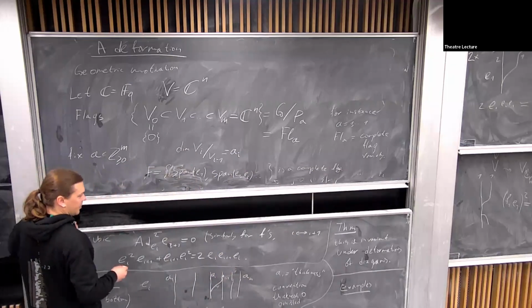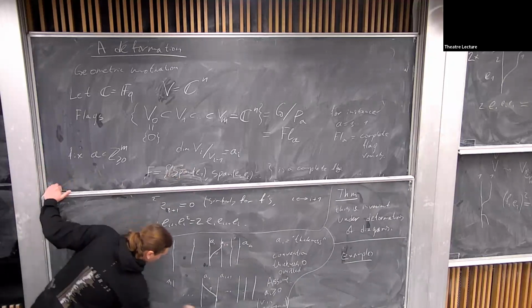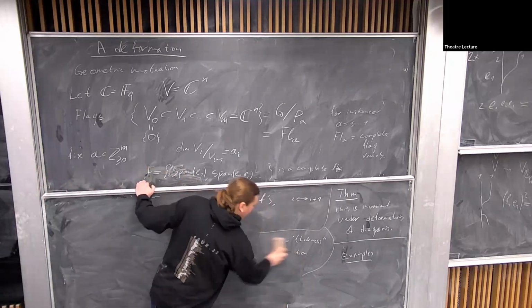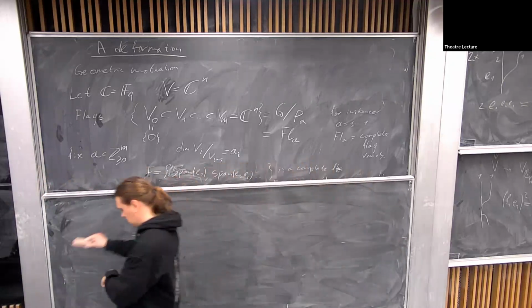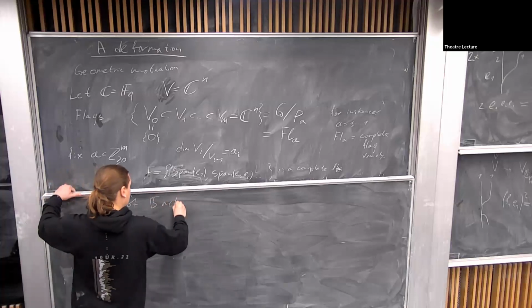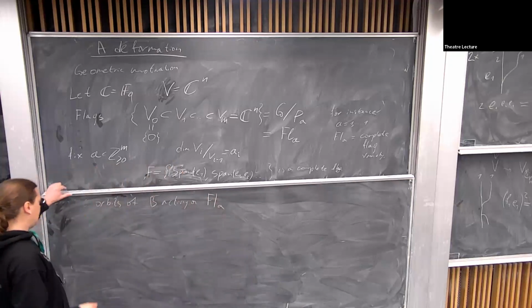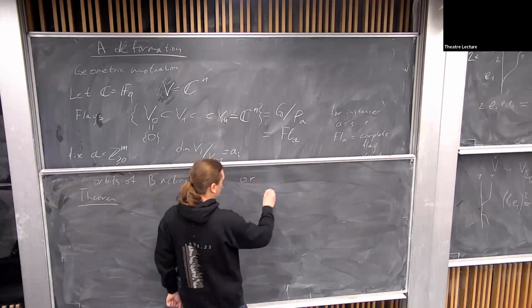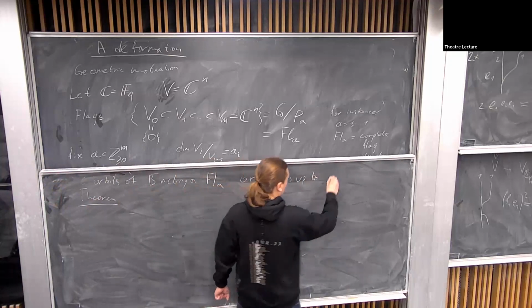More precisely, we are looking at orbits of B acting on the complete flag variety, or in other words, flags up to B equivalence.